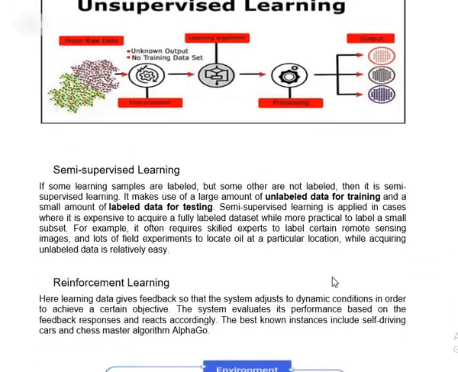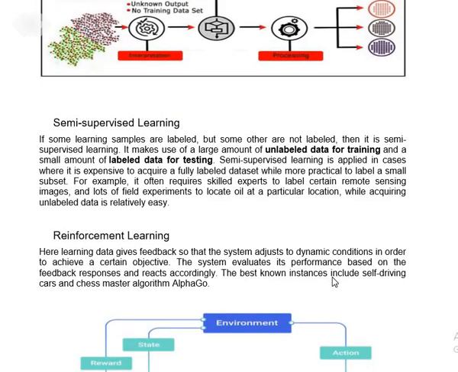Now the next part: what is the semi-supervised learning method? As the name says, semi-supervised means the supervised algorithm can be conducted with the help of a teacher. Now what is semi? This learning method includes both unlabeled data for the training as well as labeled data for the testing part.